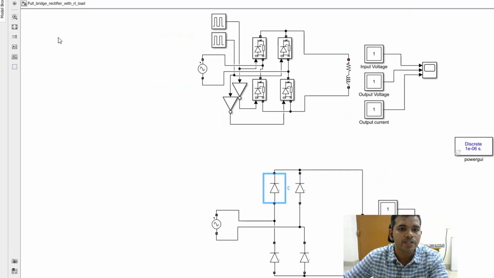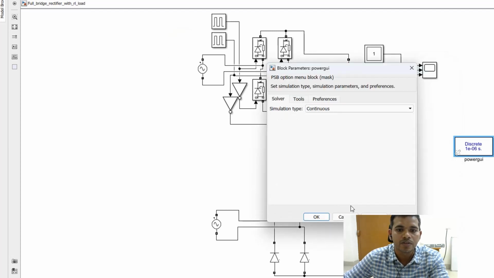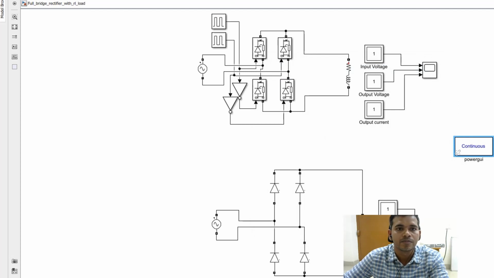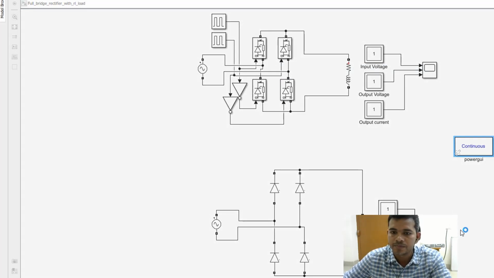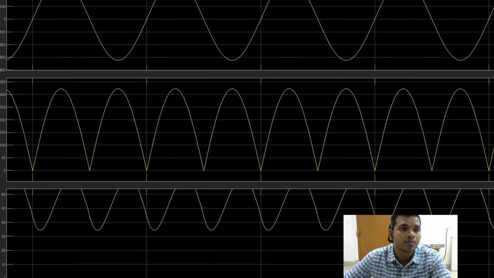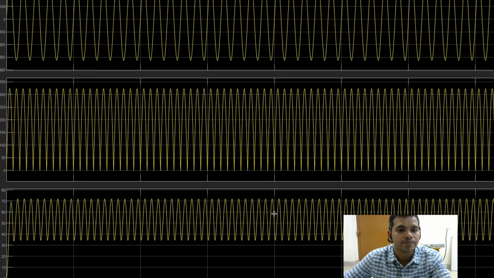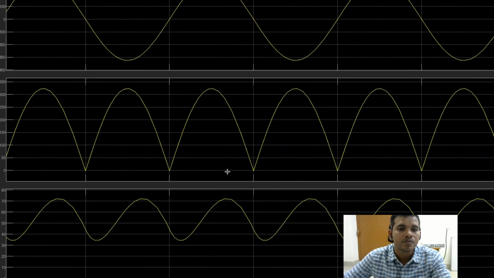This is a circuit with discrete time. We use a sinusoidal input voltage and an output voltage.